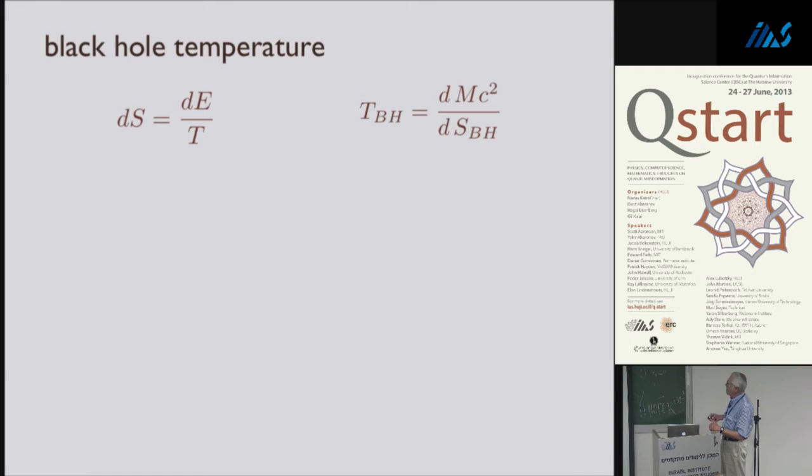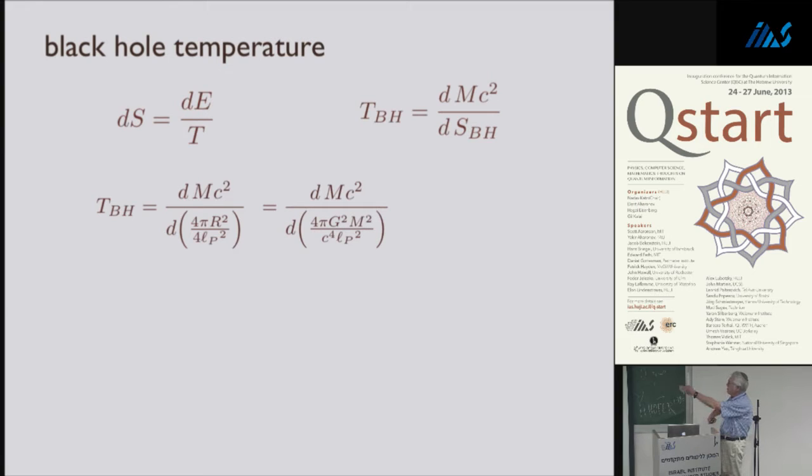So that's the formula for black hole temperature. Now, if we replace the entropy of the black hole by its form in terms of the area of the black hole, and you know that the radius of the black hole is related to its mass, you can actually do this derivative and come out with this formula for the black hole temperature, 1 over the mass. Notice it gets cooler as the black hole is bigger.